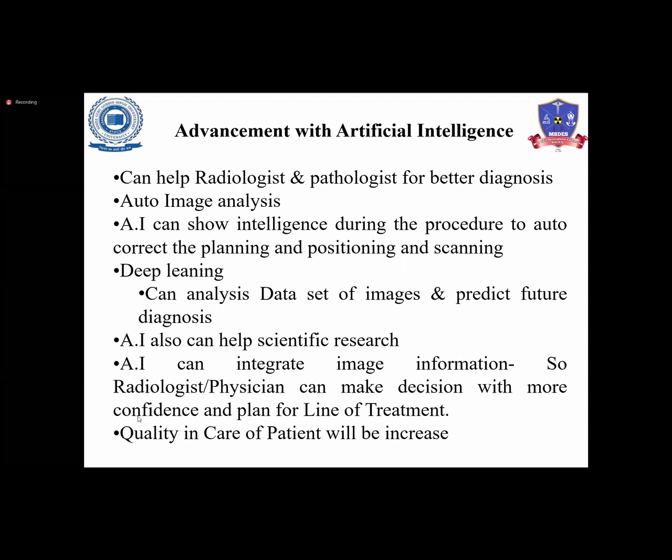AI can also integrate image information so that radiologists and physicians can make decisions with more confidence and plan a line of treatment. Definitely all these things will give us the best care of the patient, because ultimately our goal is to give the best care and best treatment to the patient.